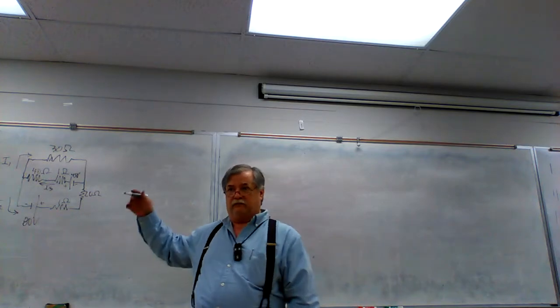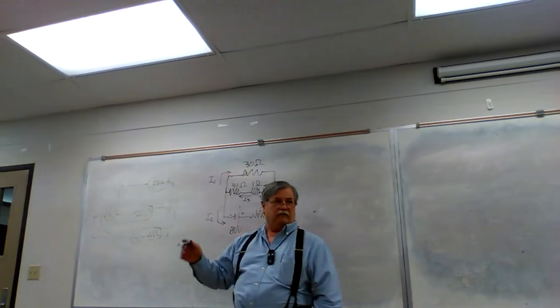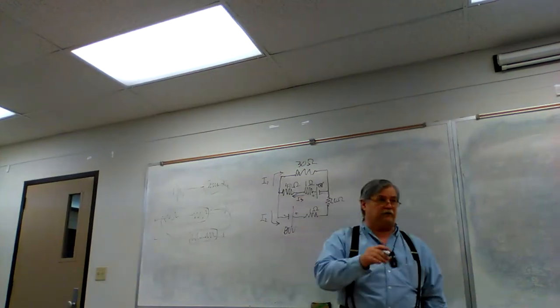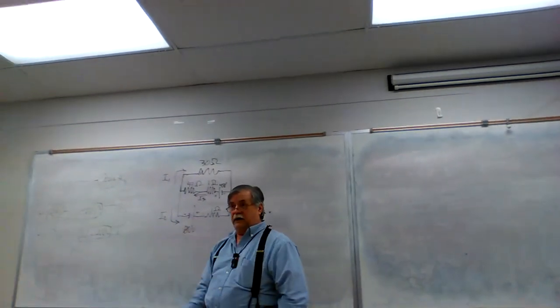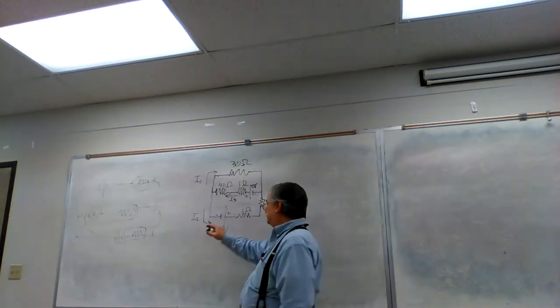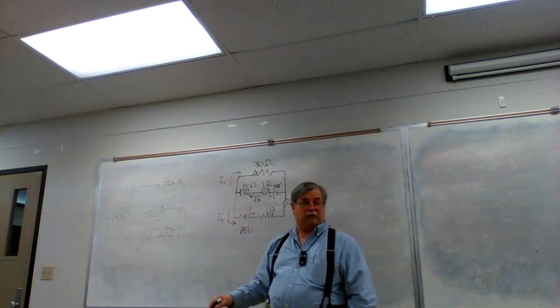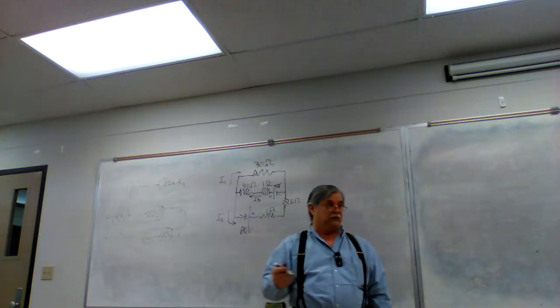As we solve the problem for the different currents, if we apply Kirchhoff's laws correctly, and we don't make any algebraic mistakes, if we've assumed the current is going the wrong direction, then it'll show up as a negative current in our solution.